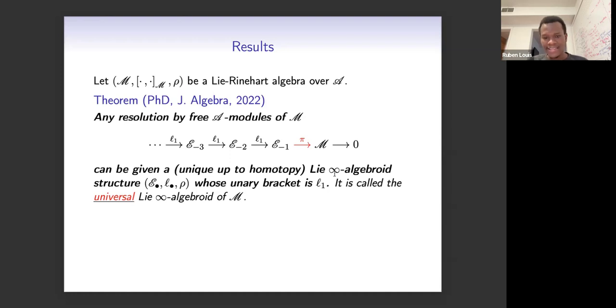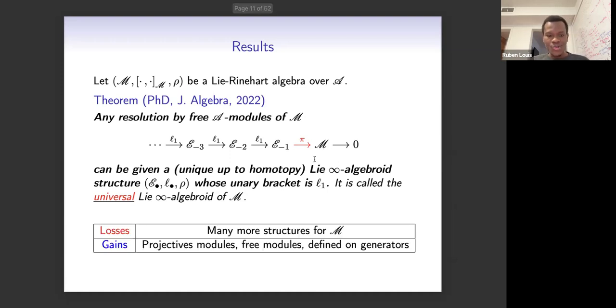And then this infinity algebra produces M at the end. It appears exactly as a quotient: if you divide E_{-1} by the image of L_1 of E_{-2}, you get exactly this M. And this infinity algebra is universal in a categorical sense; it's a terminal object amongst those that give M. We lose something, because we got much more structure than before.